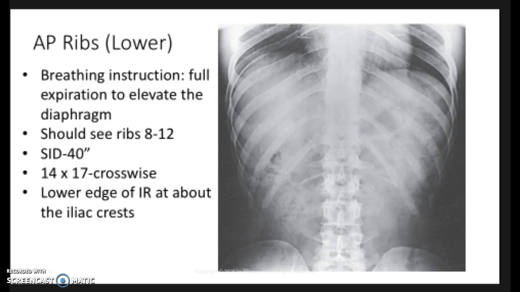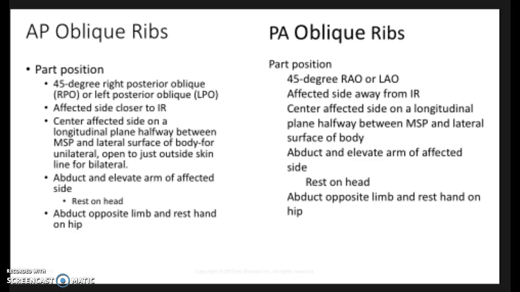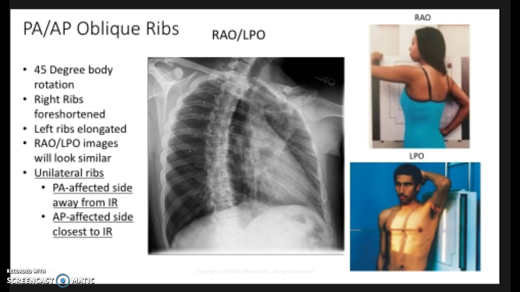Keep that in mind for the sternum as well. All right, here's your instructions. Basically, the AP and the PA are very similar, and the difference I'll go into in the next slide as far as how you determine the difference.